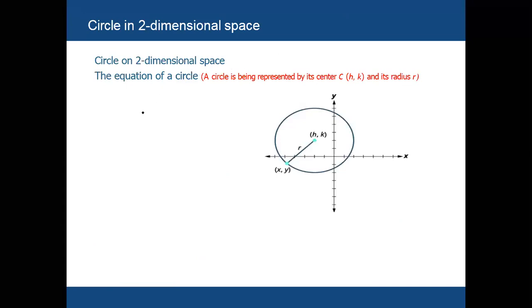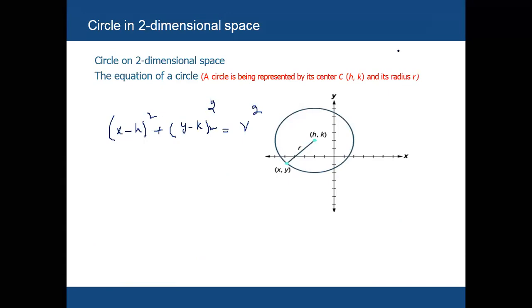We have the equation of a circle having a radius and certain points: x minus h whole square plus y minus k whole square equal to r square. Equation of a circle.